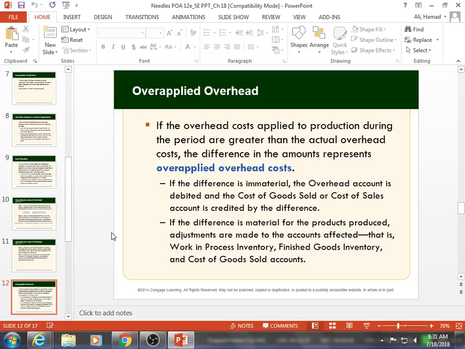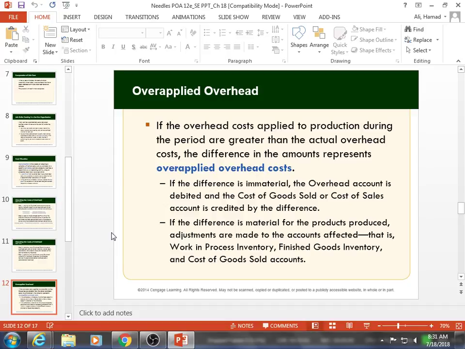If the difference between the actual and the estimated is not material, then you adjust cost of goods sold. If you overestimated by just a little bit, you have a little bit of extra, so you take it out of cost of goods sold.